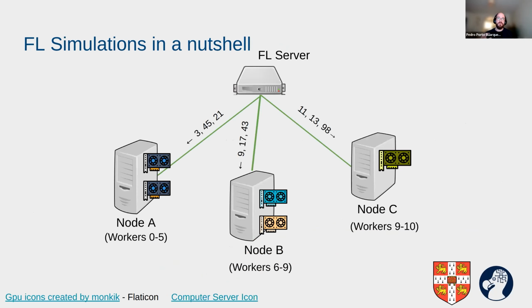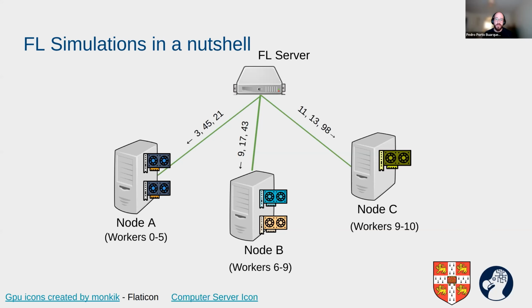So just to give you an idea of what FL simulation is in a nutshell, well, we all know that in the regular federated scenario, you have a federated learning server that will sample clients, and these clients will train in a federated way. When you're doing simulation, you still sample those clients. Maybe you sample client IDs, and then you have a group of processing nodes.